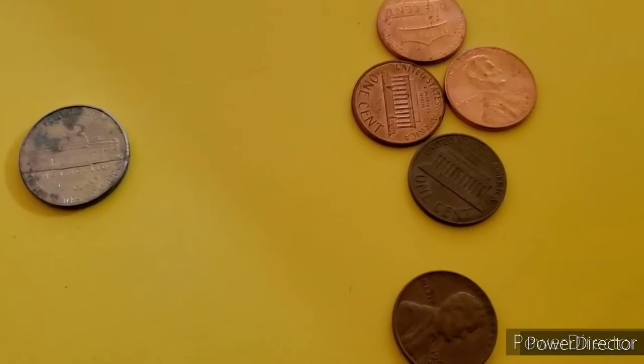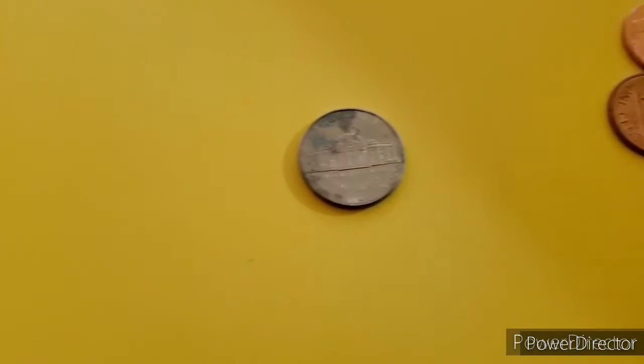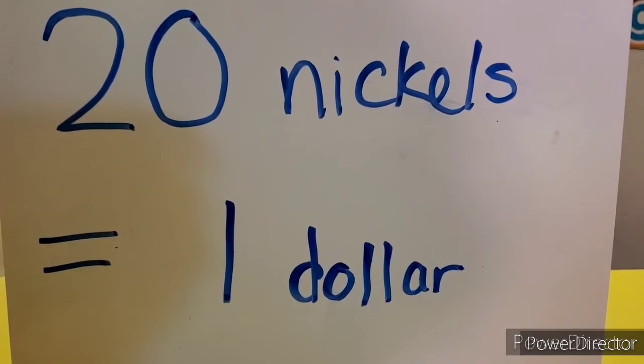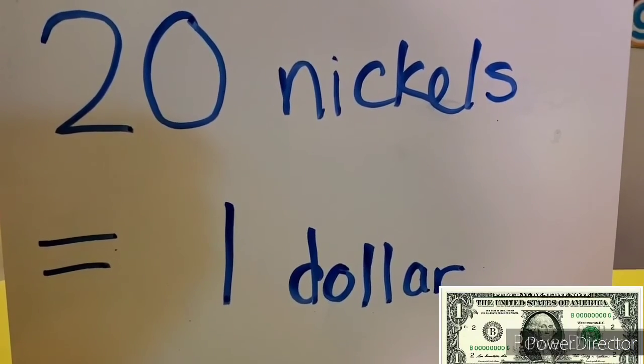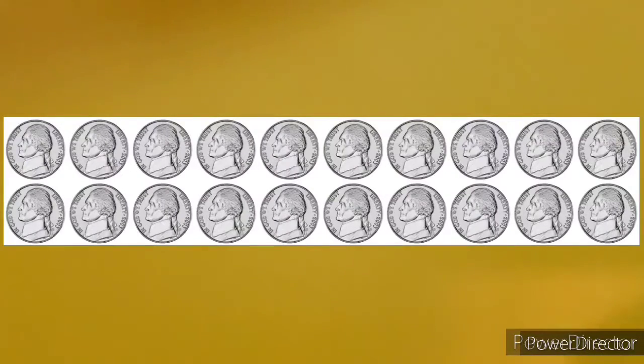So 5 pennies equal 1 nickel because a nickel has 5 cents in one. So let's see how many nickels we'll need to make $1. 20 nickels equal $1. All right, so with our nickels, we'll need to count by fives.